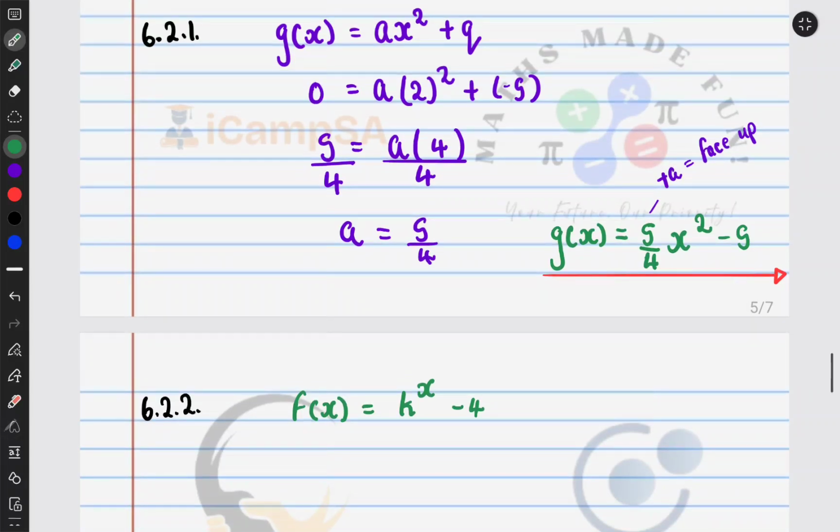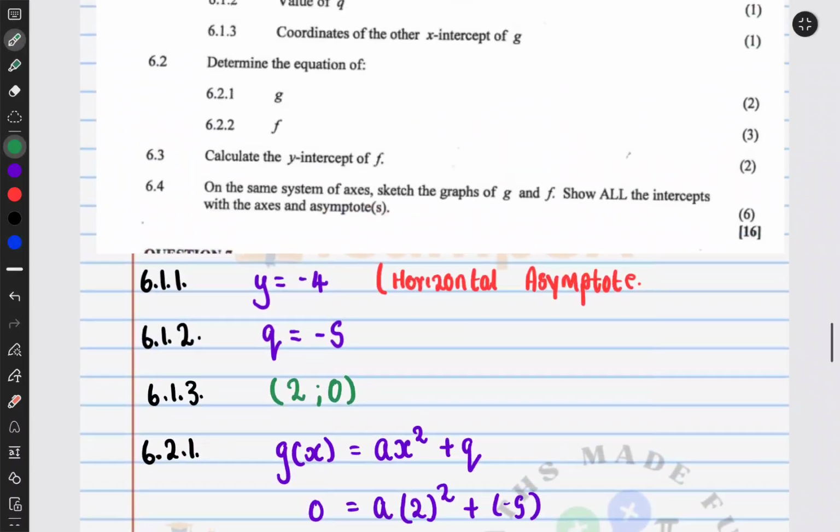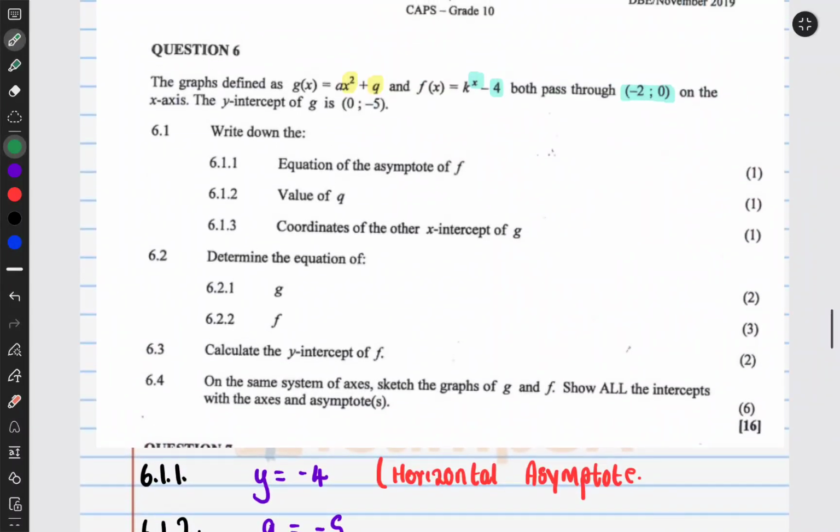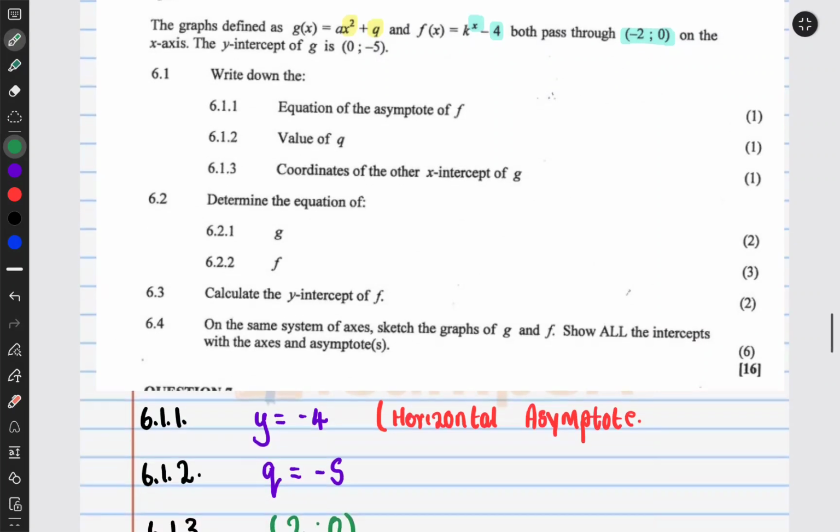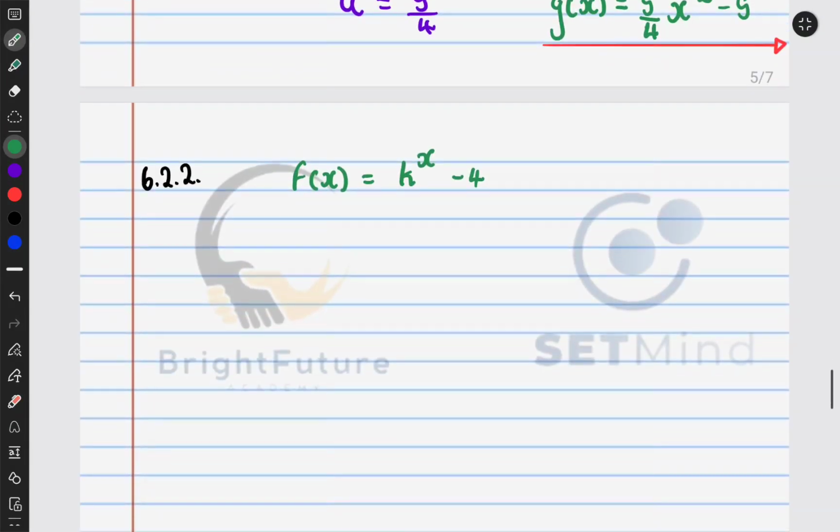Okay, so in order to find the value of k, we need to substitute a coordinate. We know that f passes through -2 and 0. So we have to substitute that in order to solve for k.